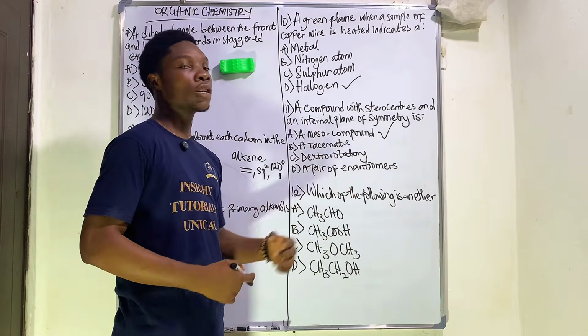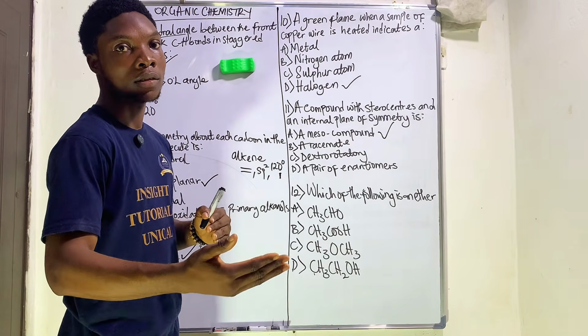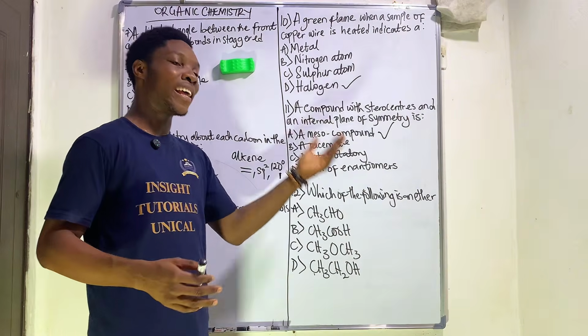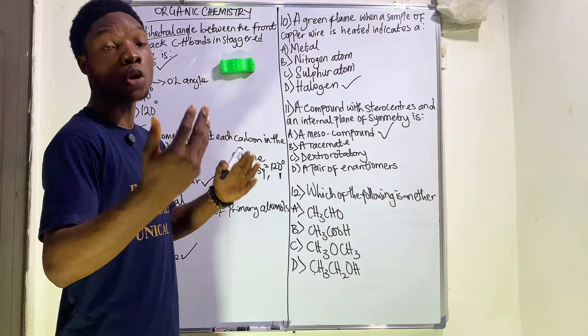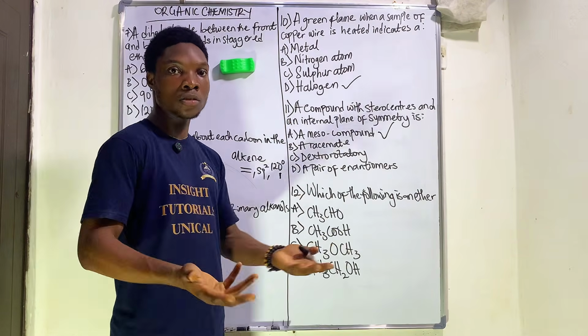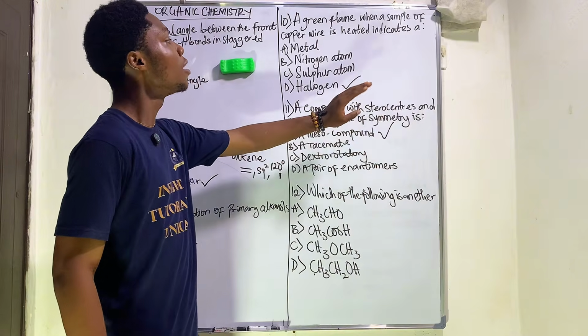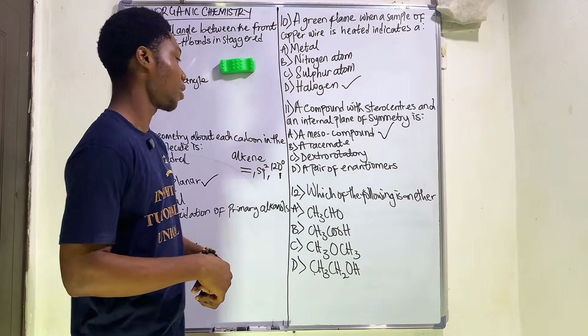Dextrorotatory means it will rotate light to the right side, not to the left. Levorotatory is to the left side. A pair of enantiomers are two non-superimposable mirror images of each other. So the correct answer is a meso compound, which has several stereocenters and an internal plane of symmetry.